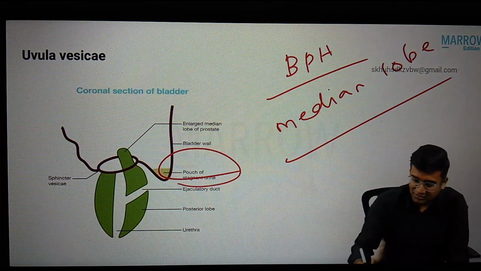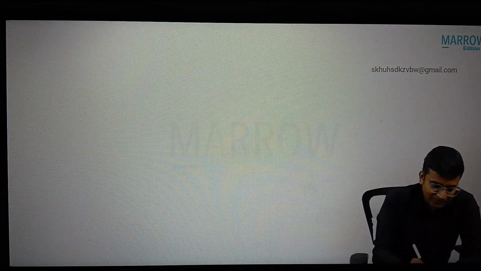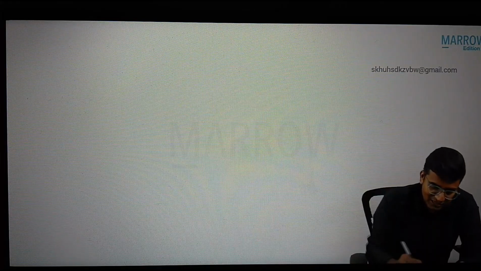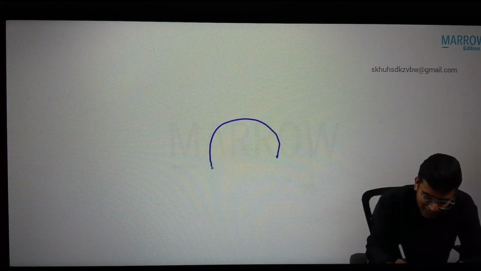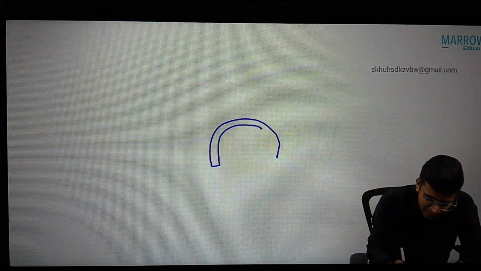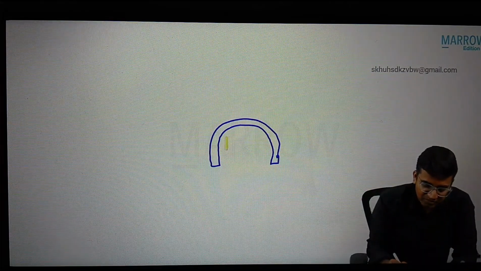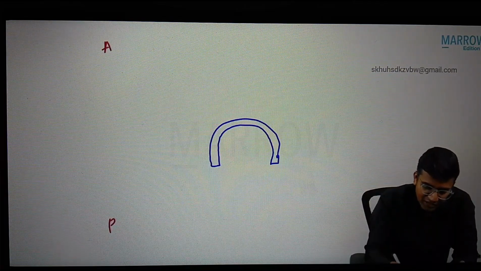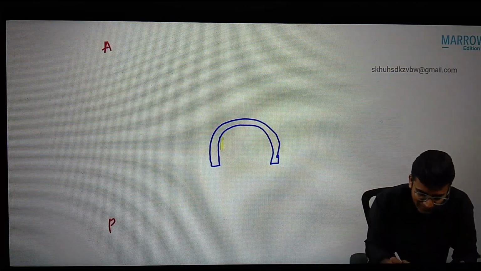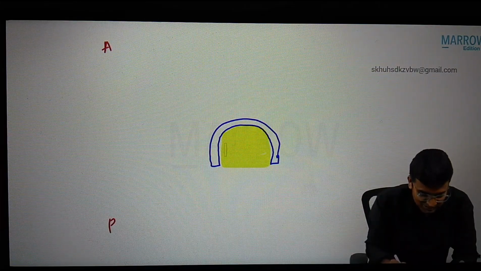Now, what are the other lobes? Now we're going to take the cut section. This is the prostatic urethra. The prostatic urethra is crescent shaped in the cut section. This is anterior, this is posterior. Behind the prostatic urethra, I told you which lobe?